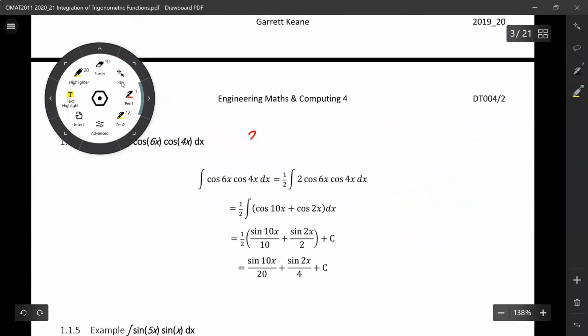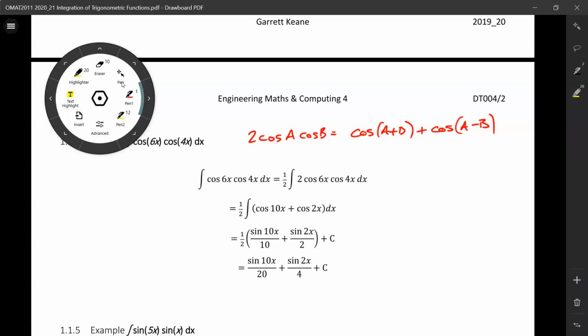So it's 2 times the cosine of A times the cosine of B is equal to cosine of A plus B plus the cosine of A minus B. Okay, that's the rule we're using because we have the cosine of A, cosine of B. So A is 6x, B is 4x.